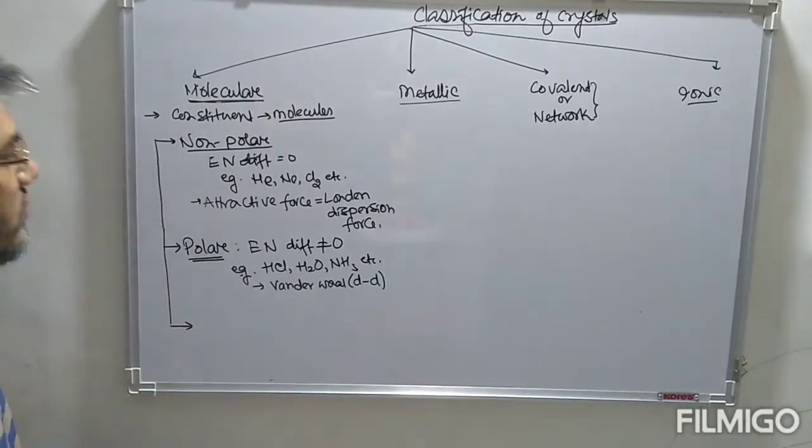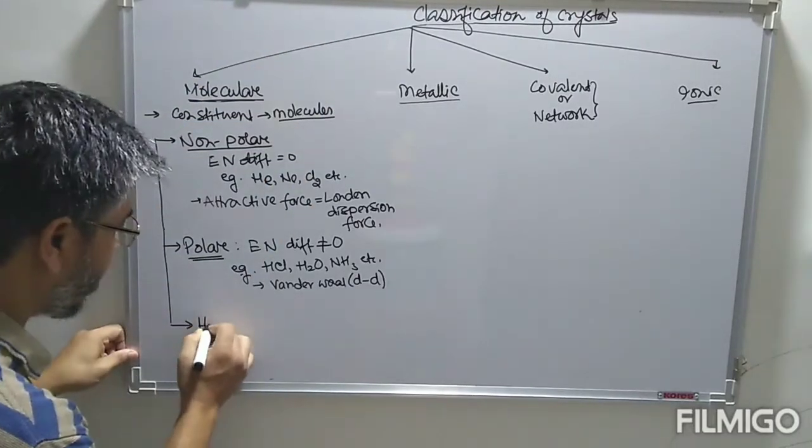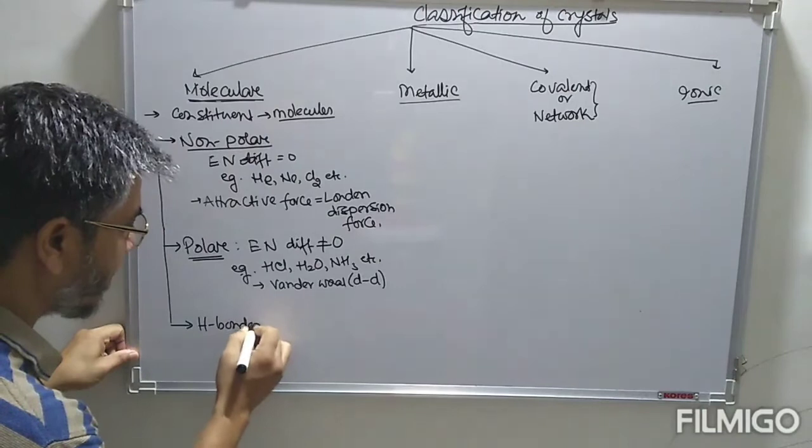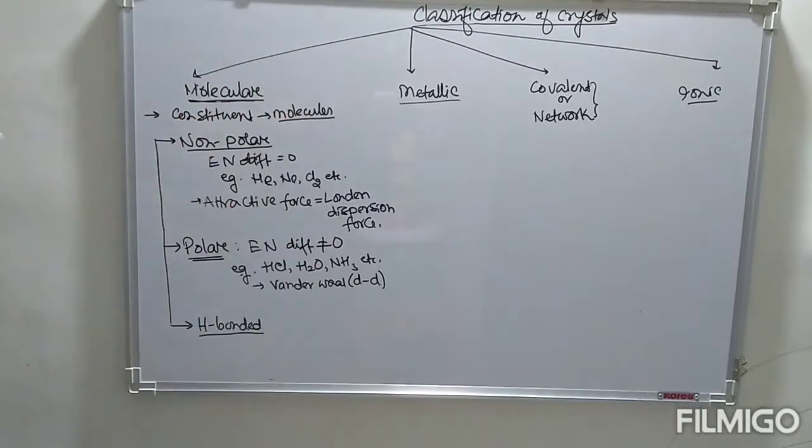The third category of molecular crystalline solid, that is hydrogen bonded crystalline molecular solids.